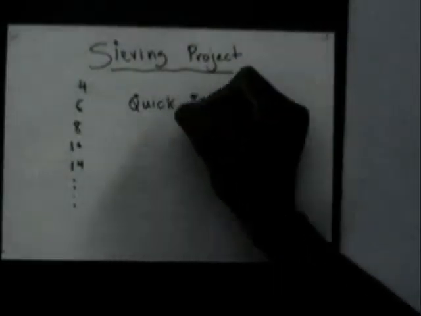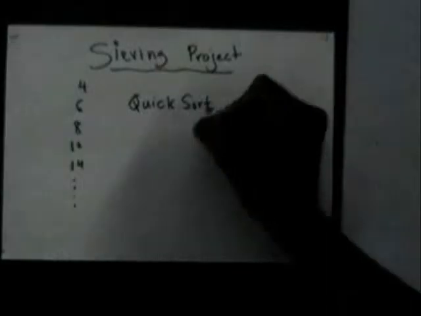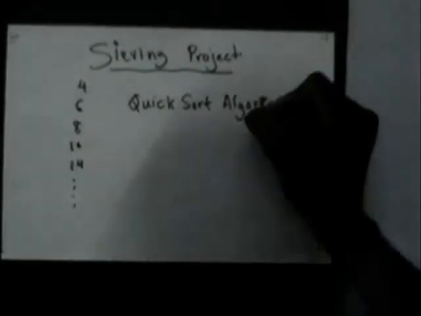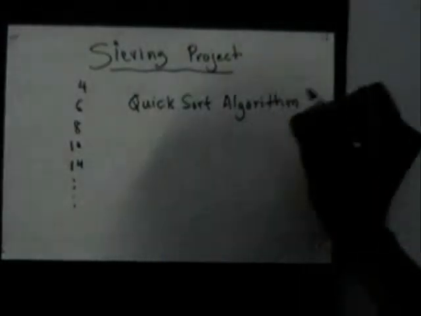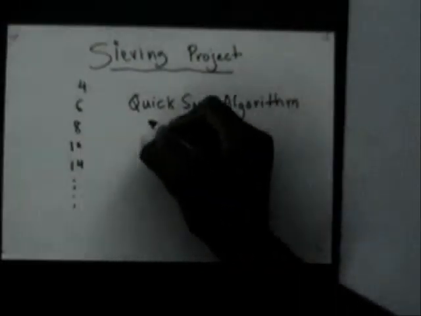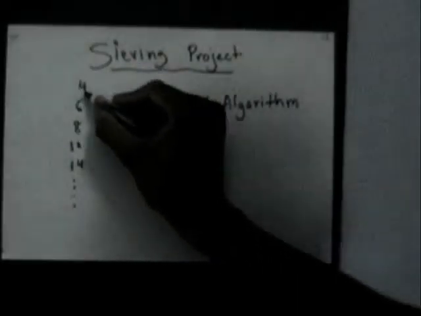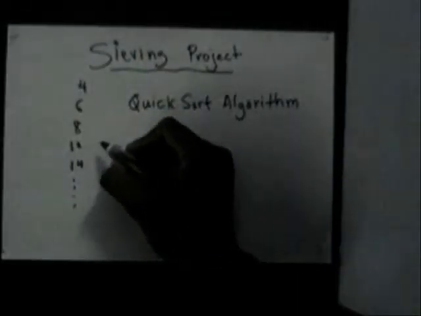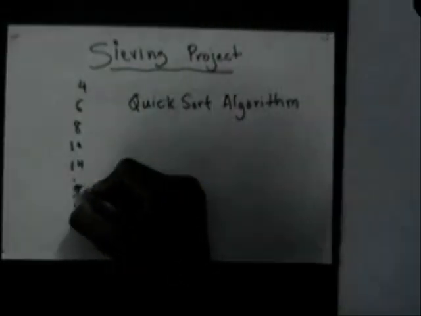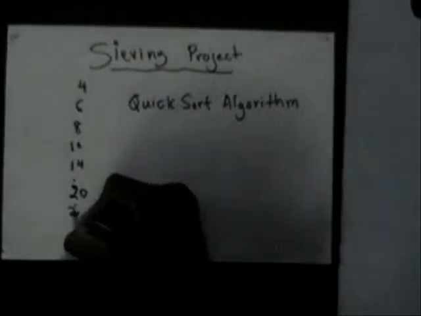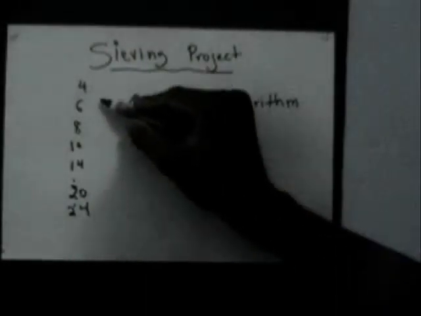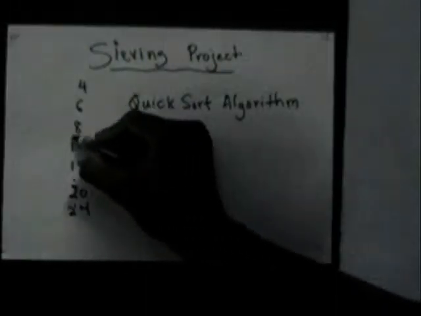Quicksort algorithm. Now in the quicksort algorithm, what happens is, instead of going sequentially from 4 to 6 to 8, it starts at the middle part. Suppose there are this many sieves, so the middle is around 10.